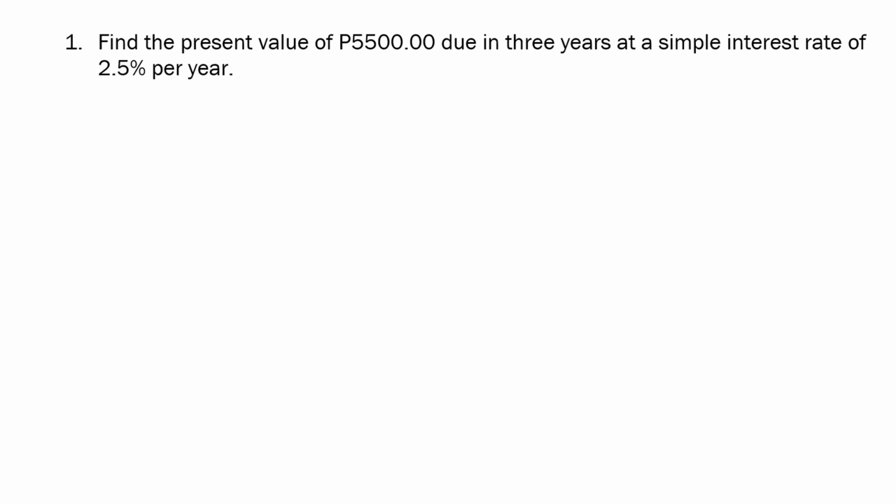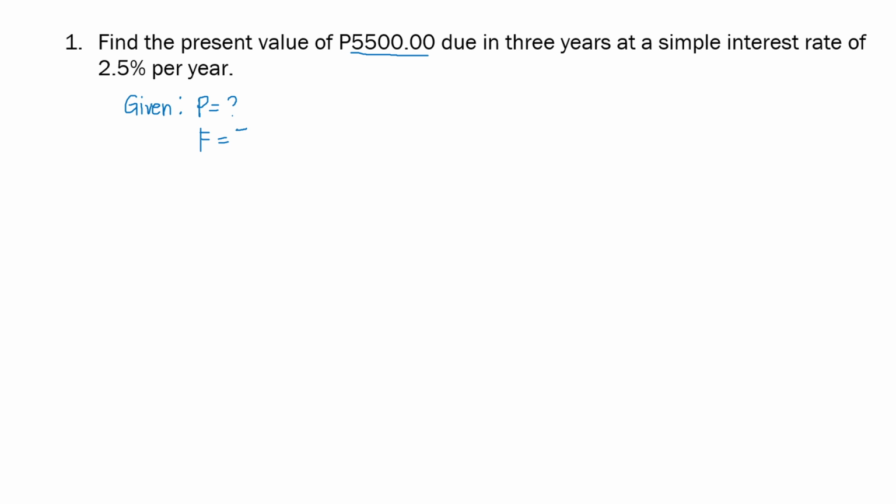So, find the present value of 5,500 due in 3 years at a simple interest rate of 2.5% per year. So, atong task from this problem is to find or solve for the present value or P. Ang kining 5,500, this is our future value.